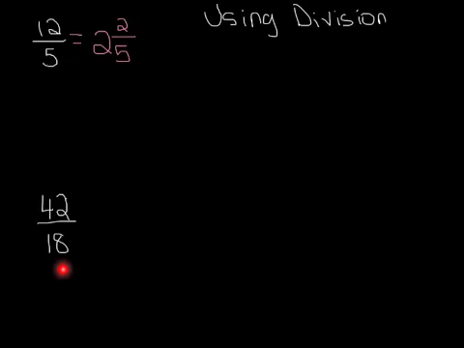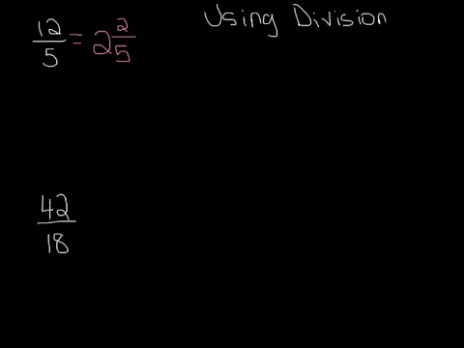This second example here, 42 over 18, is a little harder just because these numbers are a little larger. You could use the same method and say, well, how many times can 18 be divided into 42? But that's a really big number to work with, more chance of a mistake, so we want to see if maybe we could make this a little smaller.